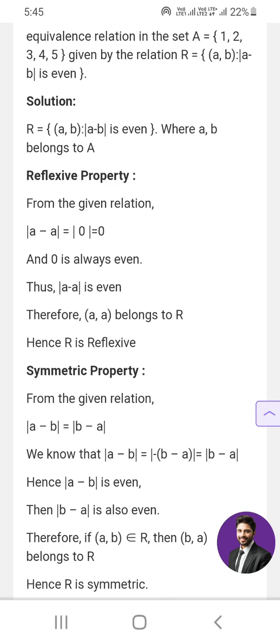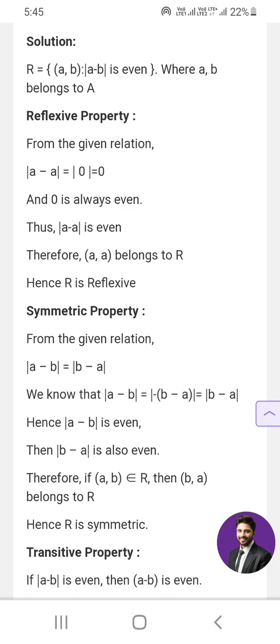So a minus a is even, therefore (a, a) belongs to capital R.